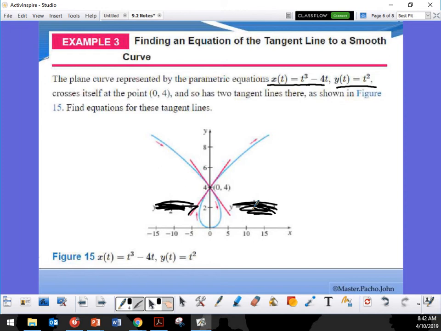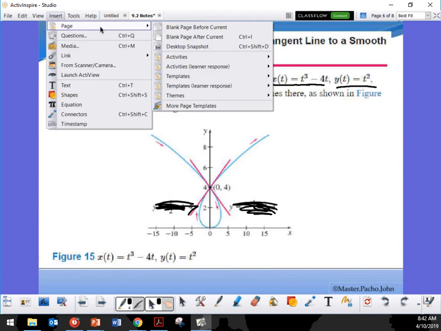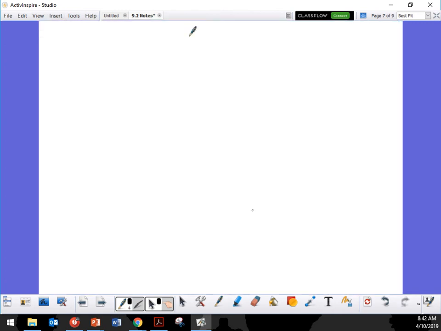So I know that both those cross, right? So they cross, so that's going to be equal there. Since I'm trying to find the tangent lines, let's start off with the tangent. Do I have it on another page? Ah, crap, no. Insert page. Okay, so what was it? x of t equals t cubed minus 4t.